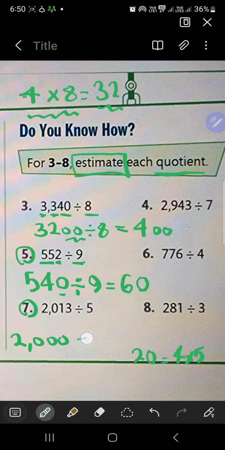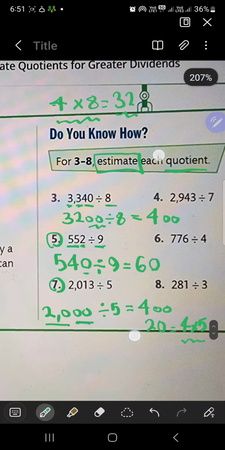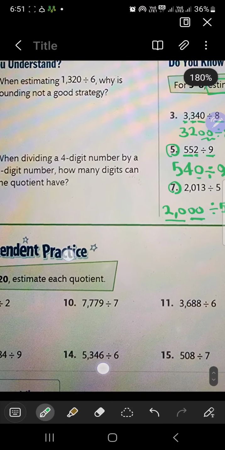So 2000 divided by 5 equals, I'm going to focus on the number 20, and then I'm going to add 2 zeros. Knowing that 4 times 5 equals 20, so here I write 4 and then I add 2 zeros. Okay, guys. Now let's have 2 more examples from there.